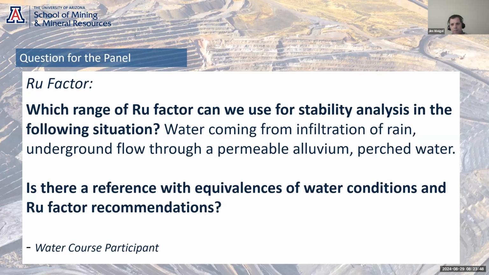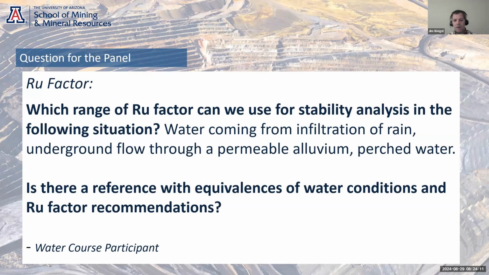Yeah, if I could, I would like to jump in here too. We've actually looked at the RU from the standpoint of precipitation events, and here at Kennecott, we get a fair bit of our water as snow. And so we've found we see the largest increases in water during the snow melt period, early spring.